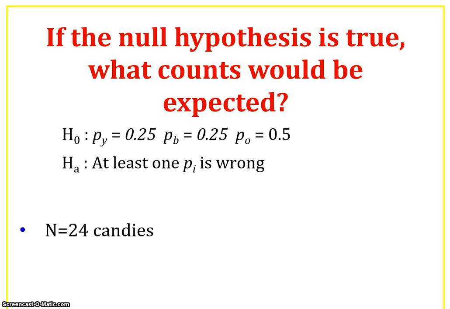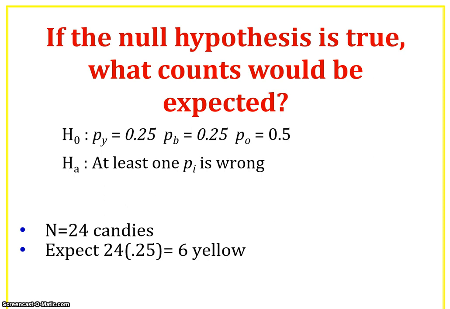So the way that we are going to find the expected count is by taking the sample size, 24, and multiplying it by the proportion that we hypothesize for each category. So we'd expect sample size 24 times 0.25, our hypothesized proportion.